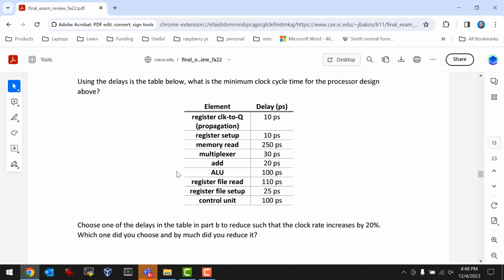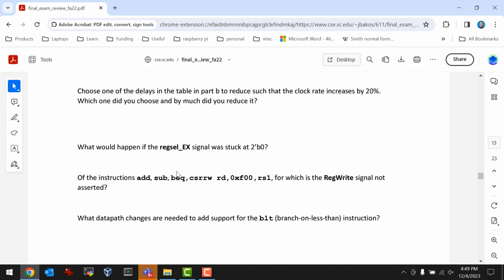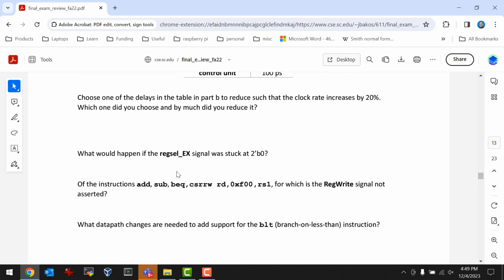If the wires are longer, that means more capacitance and resistance, which means more time to charge it up and discharge it, so the wire delay is longer. That's what's going on here. But I still think this CPU would probably run at 200-300 megahertz if we really pushed it.